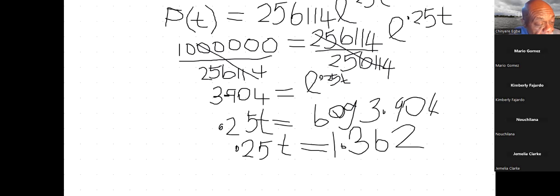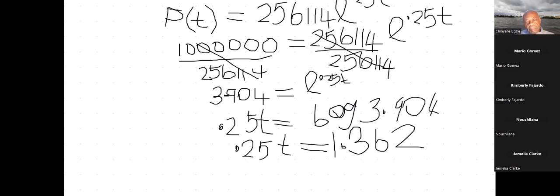Did you get that? Yes. Okay, so there's log to base 10, and there's also log to base E. Because the log to base E is ln, the natural log. And since we're using E here, then we're going to use the natural log. So the natural log here is 1.362.